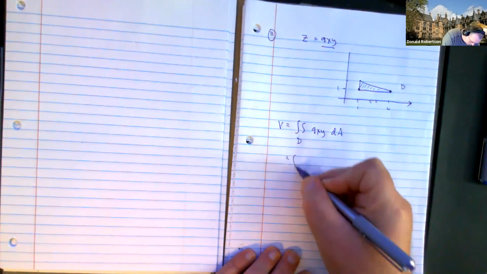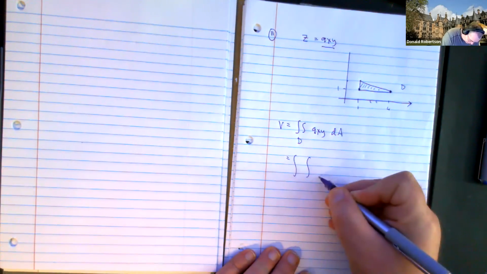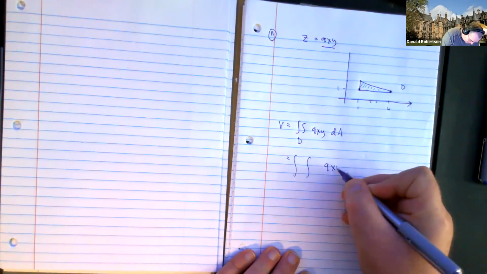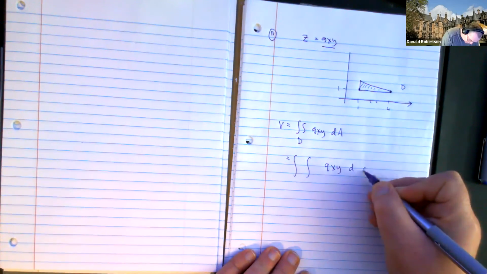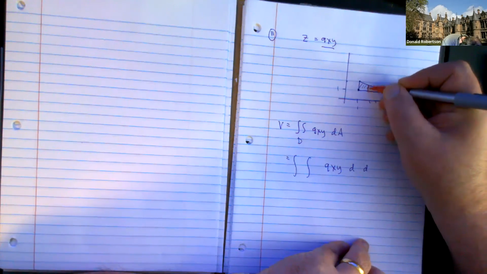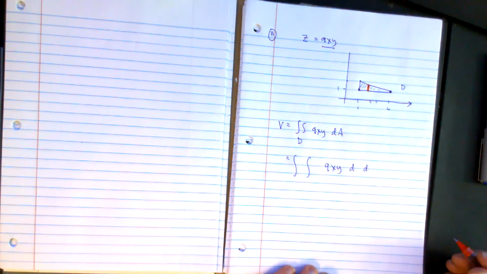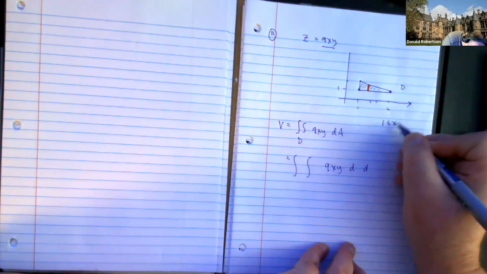So I'm going to have to set up limits of integration. It's going to be dx dy or dy dx. I'm looking at this question and both directions work, but when both directions work, I kind of go vertical, type 1. That's the one I chose too. So x is going to be from 1 to 4.